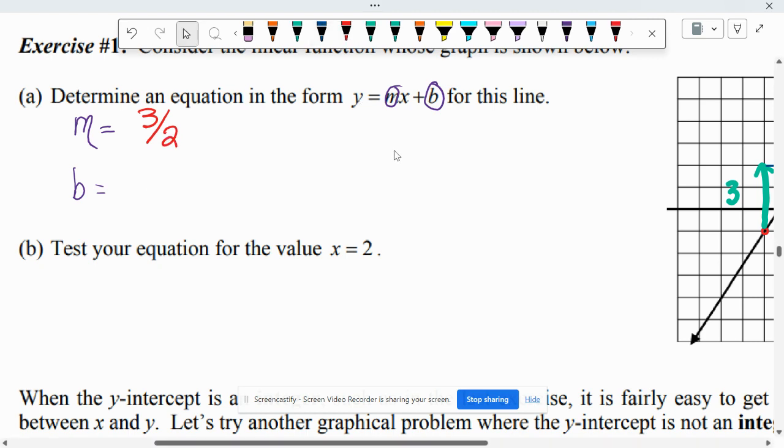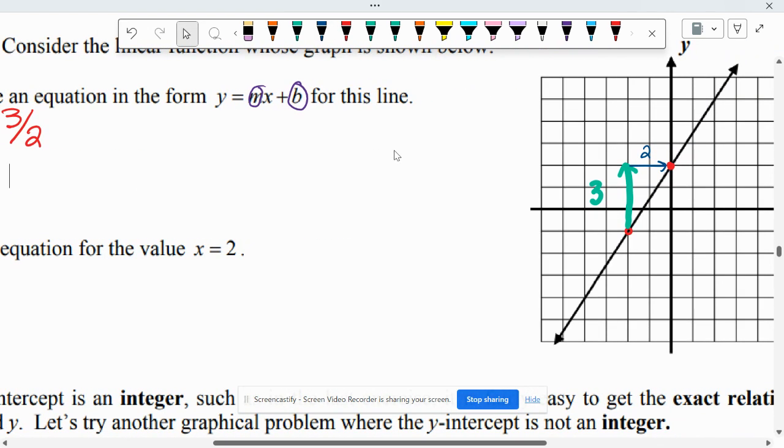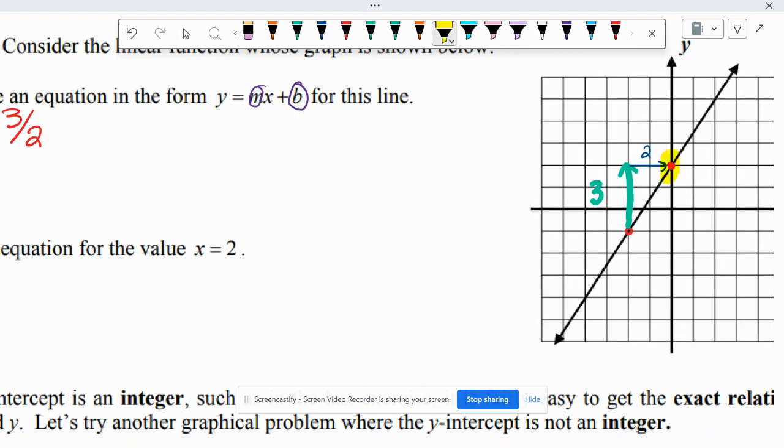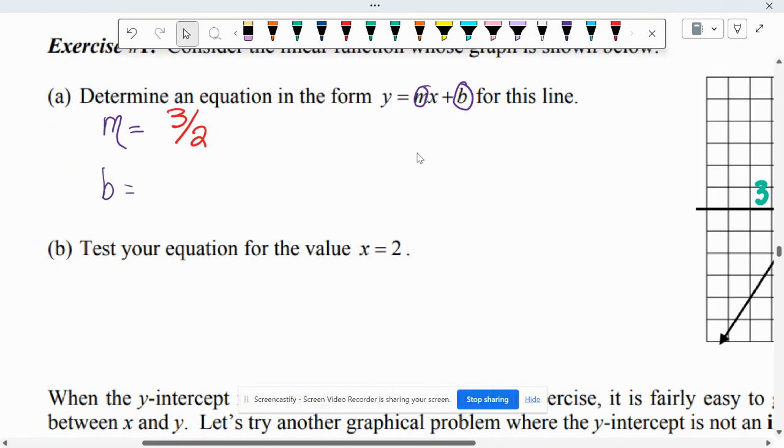Where does my graph cross the y-axis? Yeah, at (0, 2), or we just want the y-intercept. So it's 2. So b is 2. b equals 2.